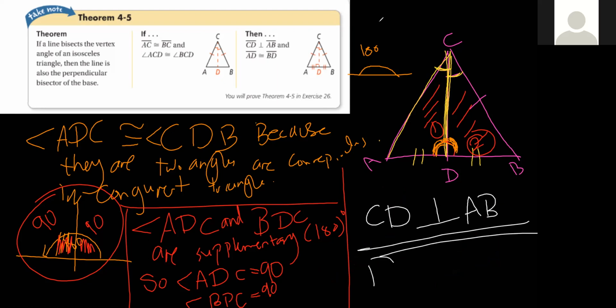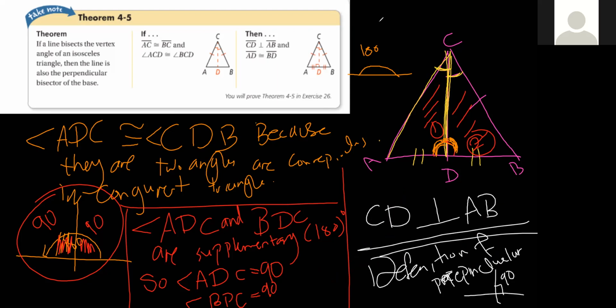This is, by the way, the definition of perpendicular: if a line cuts another line and makes them 90, it is perpendicular on it. Is it clear? Yes.